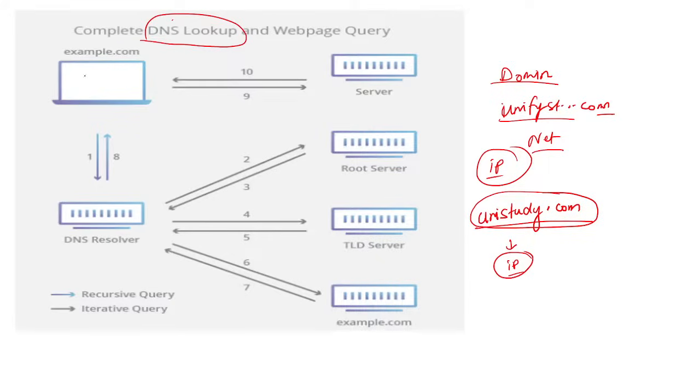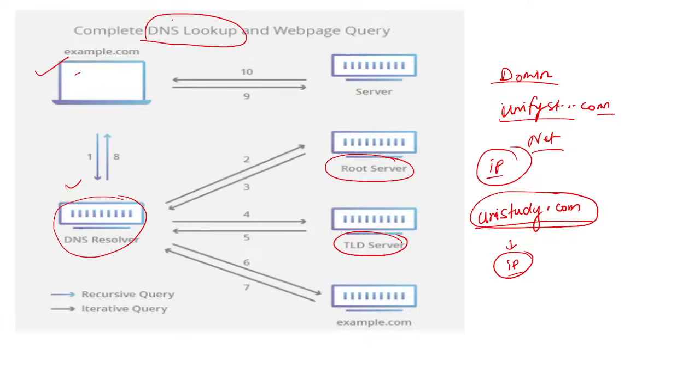When you are searching with the name unifystudy.com, it will first go to the DNS resolver. Then it comes to the root server. Root server means .com, .org, .in. After that it comes from the root server to the TLD server; for .in there will be a different TLD, and for .com there will be a different TLD.